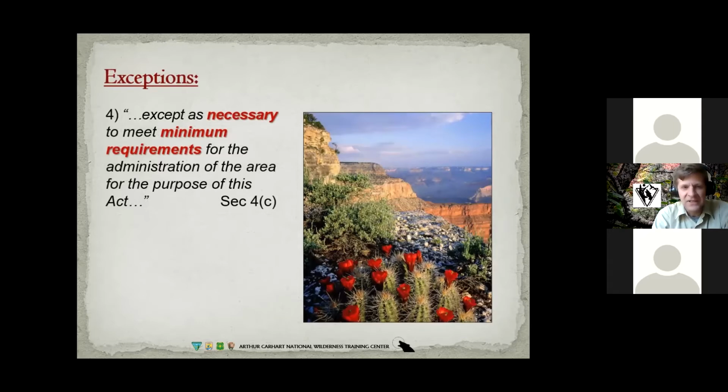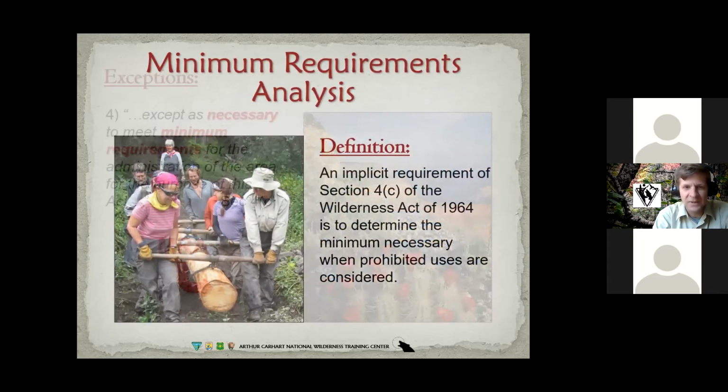So, exceptions. This is where the MRA, minimum requirement analysis, comes from. This specific language: except as necessary to meet the minimum requirements.